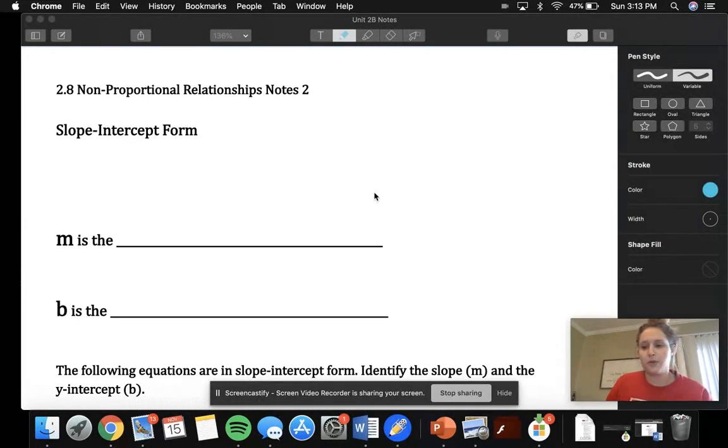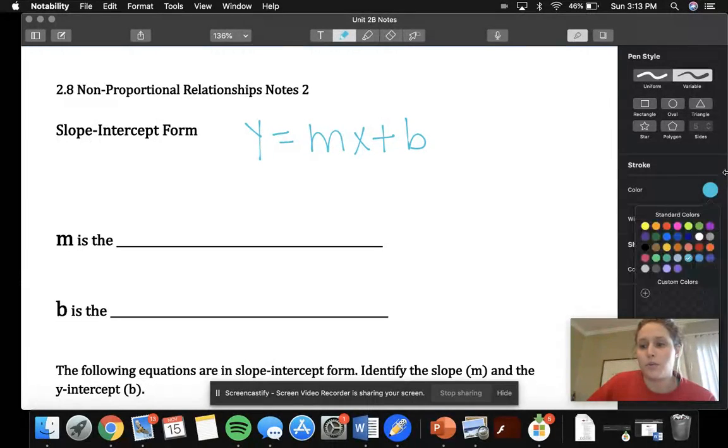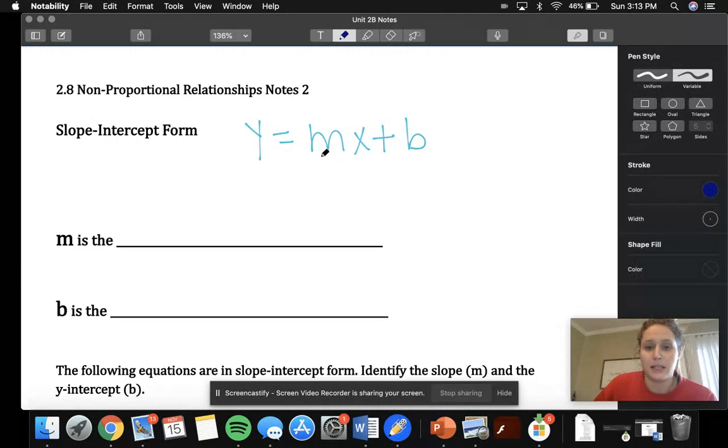We learned the most important equation last time we took notes, and that was y equals mx plus b. So we call this the generic form, like we would call this equation slope-intercept form, because it identifies what the m, or the slope of the equation, is.